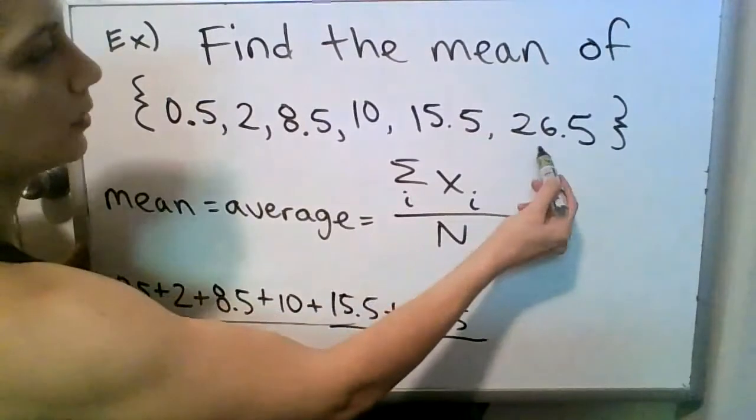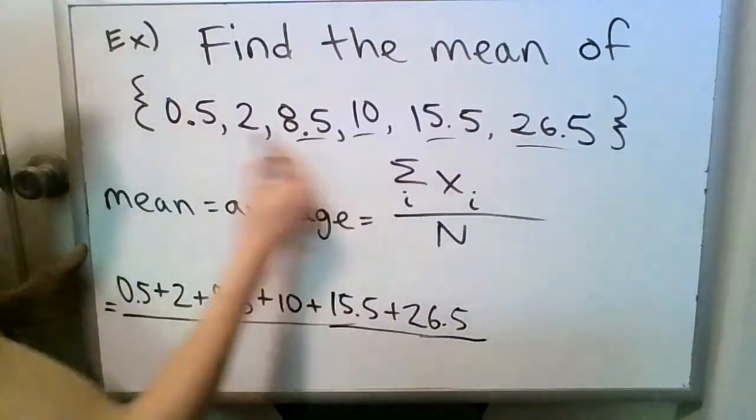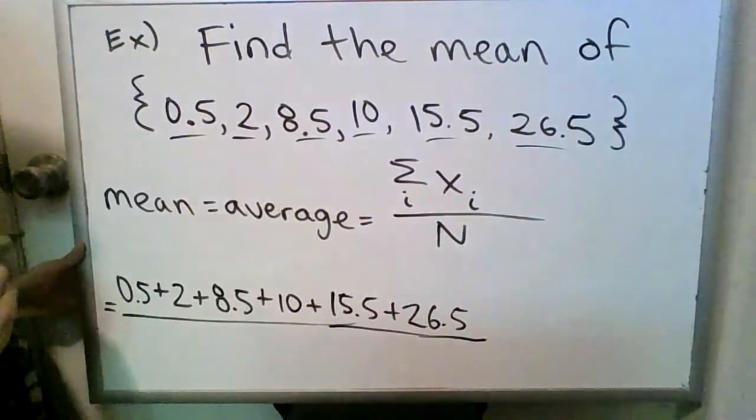There are 1, 2, 3, 4, 5, 6 elements total.